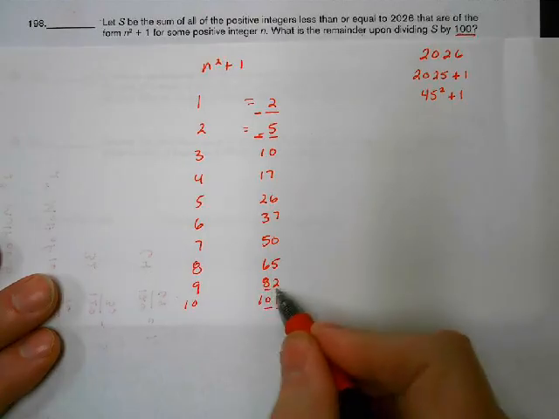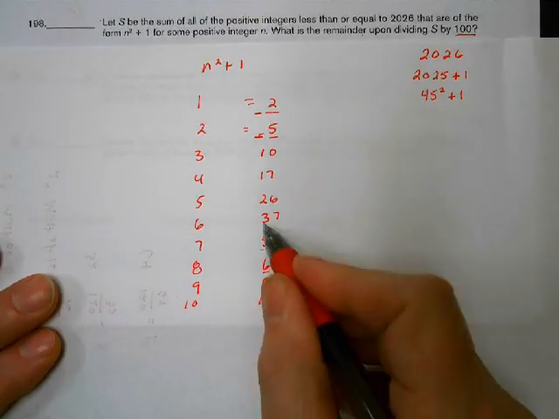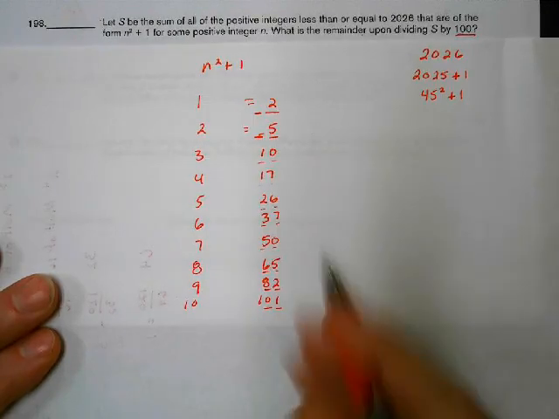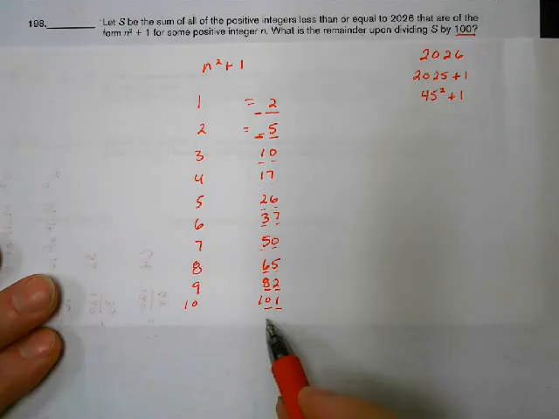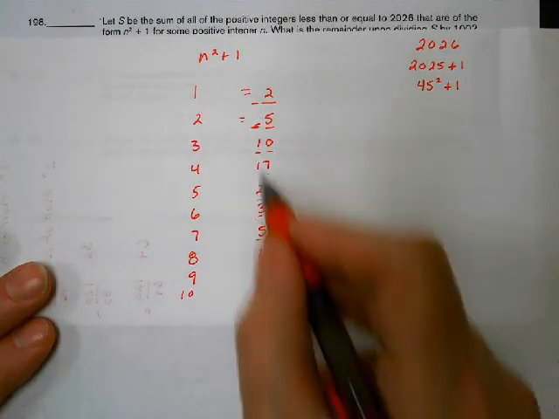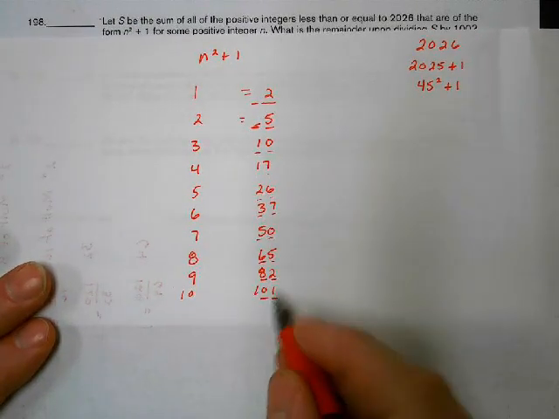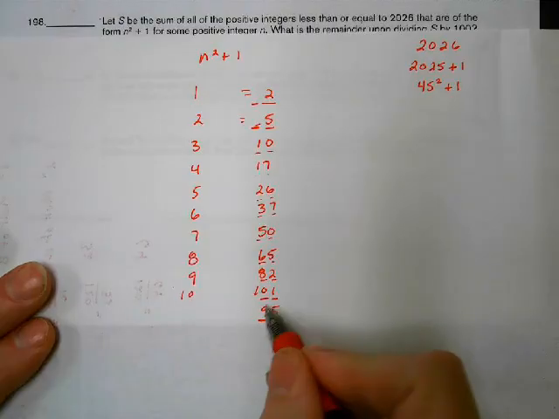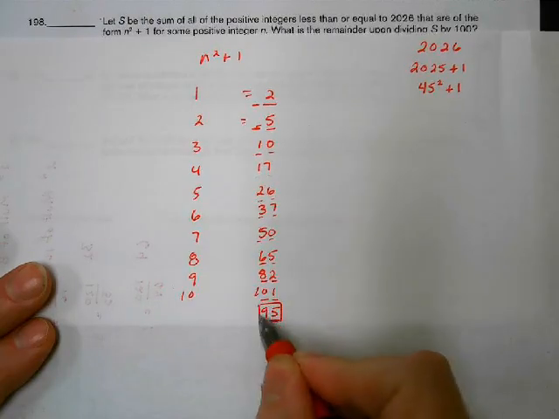Quickly calculate this. Just looking at these 2 digits, it ends up being something ending in 95. It's more than that, but these last 2 digits are 95.